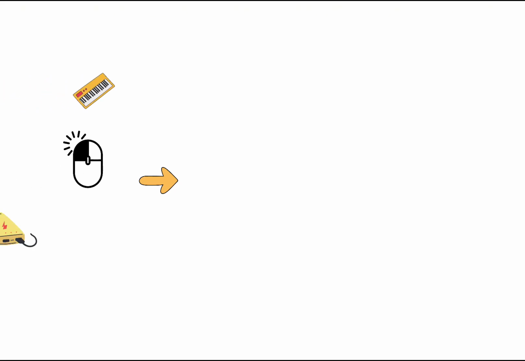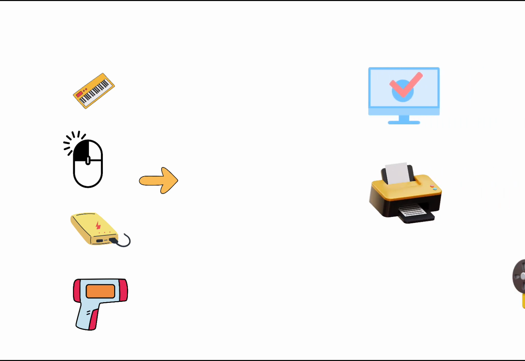A computer basically takes input from the user in many forms like keyboard, mouse, scanner, joystick, and many more. It also provides output in many forms like monitor, printer, projector.